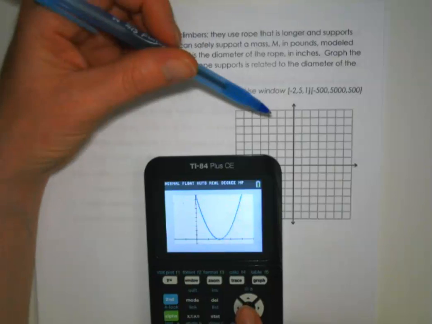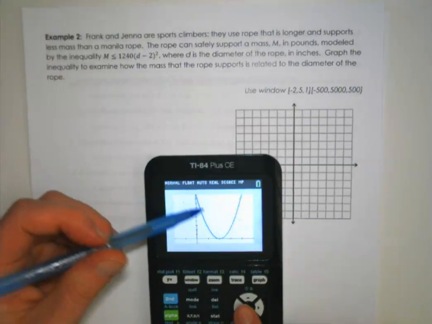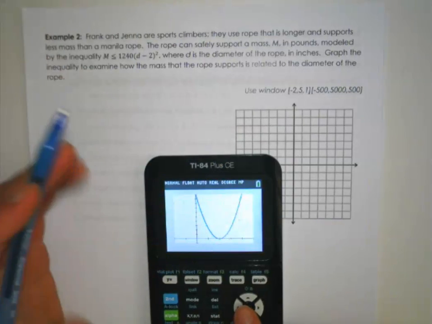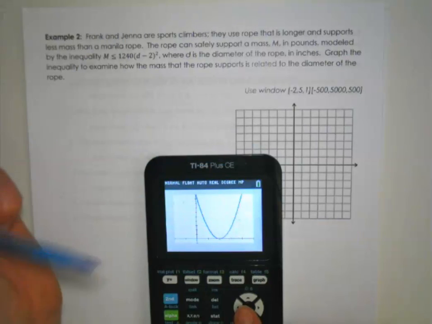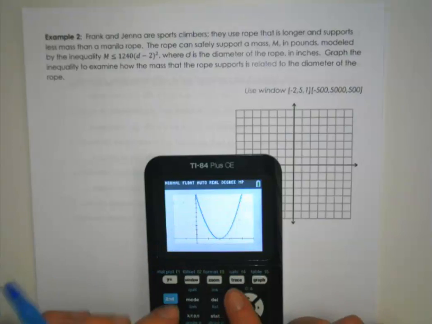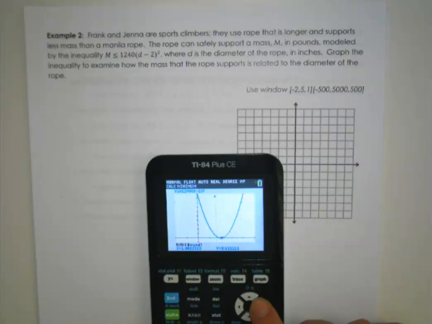And then if we want, we can quickly sketch it out as well, because we want to be able to solve for our inequality by figuring out where to shade. So let's go second function, trace. Let's find our minimum here, or our vertex, left bound, right bound.